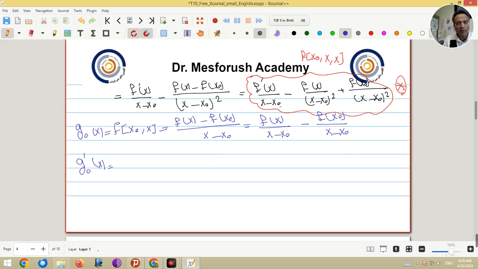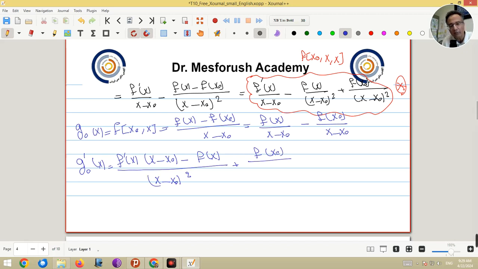Now let me compute the derivative. The derivative will be f prime of x times the denominator minus 1 times the numerator, over the denominator squared, plus f of x0 over x minus x0 squared.